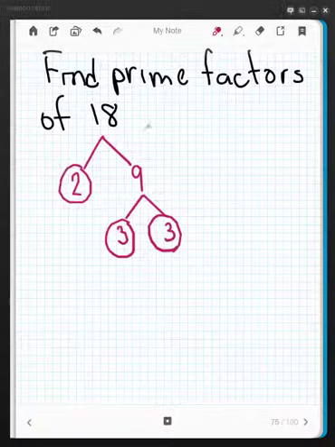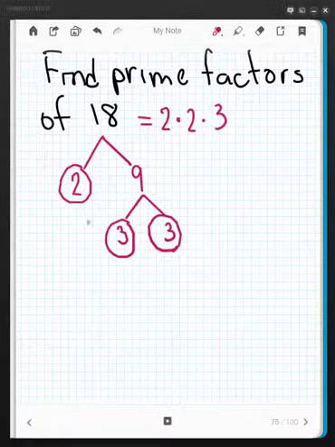That's where I finish. Now I'm going to rewrite 18 as a product of primes. 2 times 3, times 3. That is why I circle my primes, so that I know where to go to find them. And you should always check.